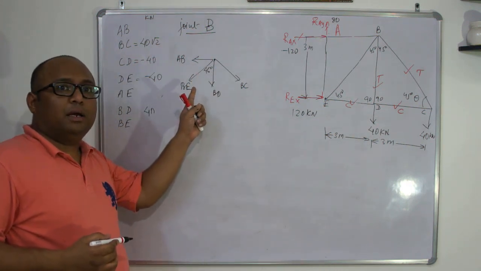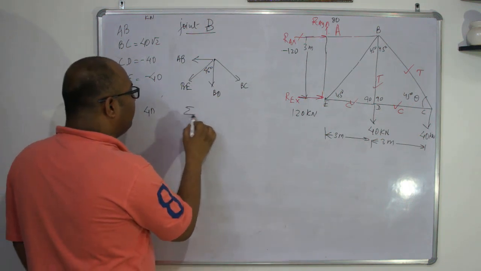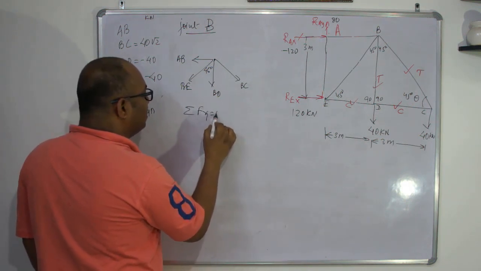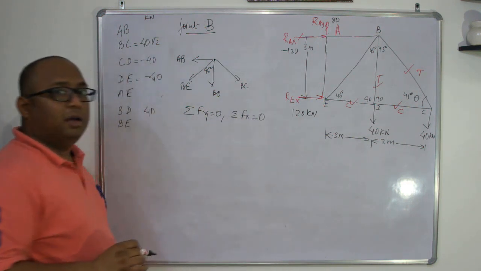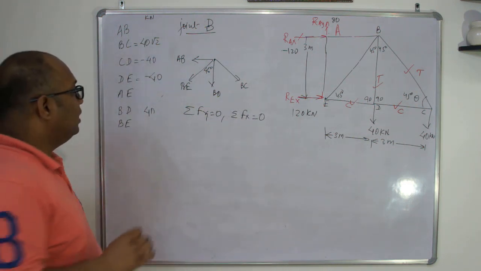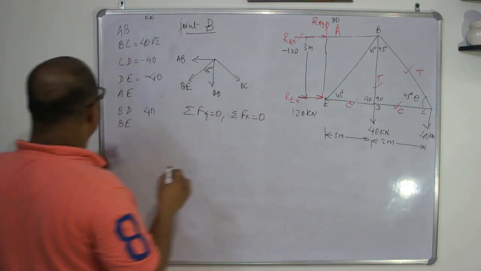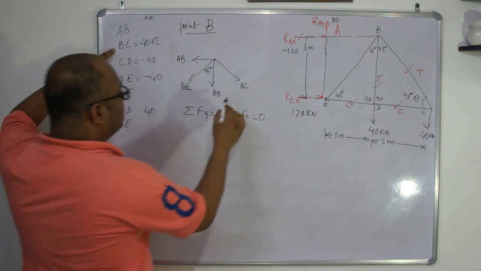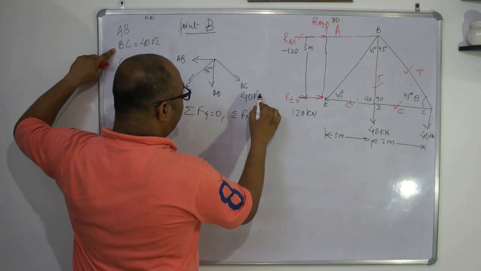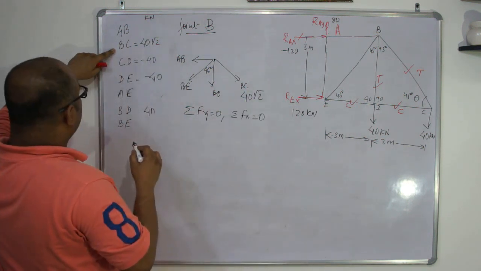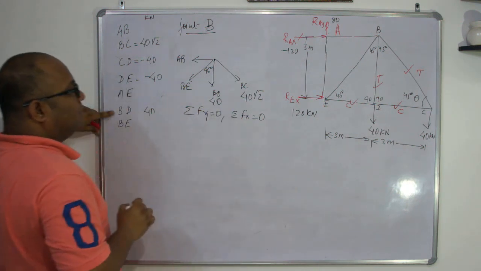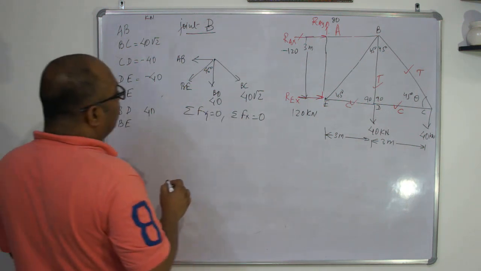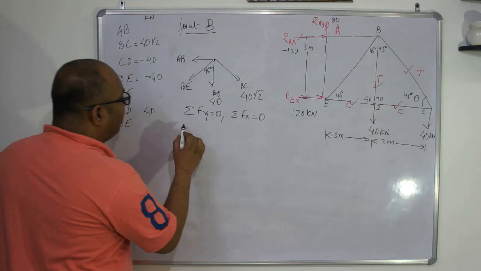Again a coplanar concurrent force system, and therefore we have summation Fy equals 0 and summation Fx equals 0 as equations of equilibrium. We also know the value of BC. What is the value of BC? This is 40 root 2. We know the value of BD. This is 40. So let us now go for summation Fy equals 0.